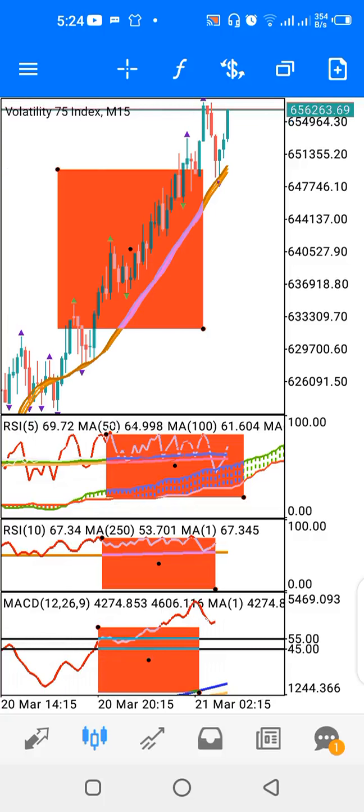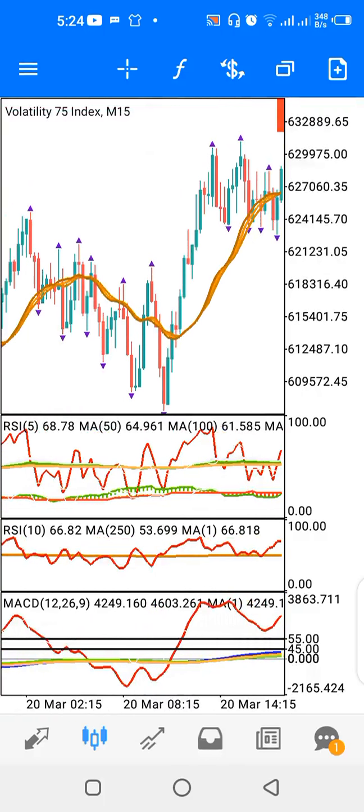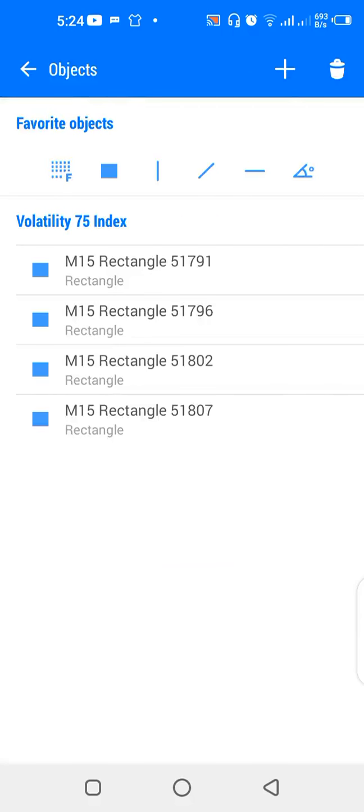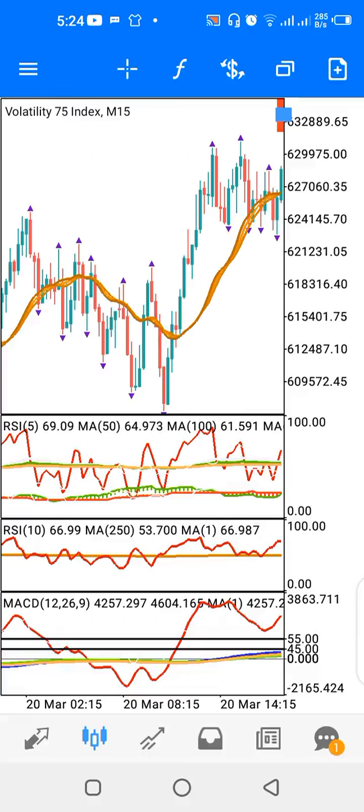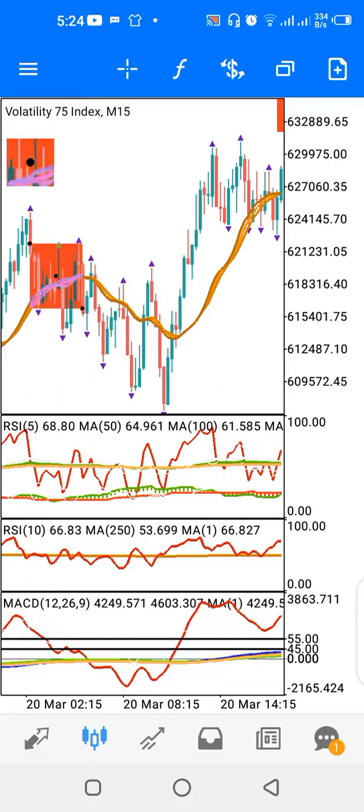All right, now the way the strategy works is when price crosses the moving averages around here. Like if you see this particular part, you can see range, price crossing up and down.